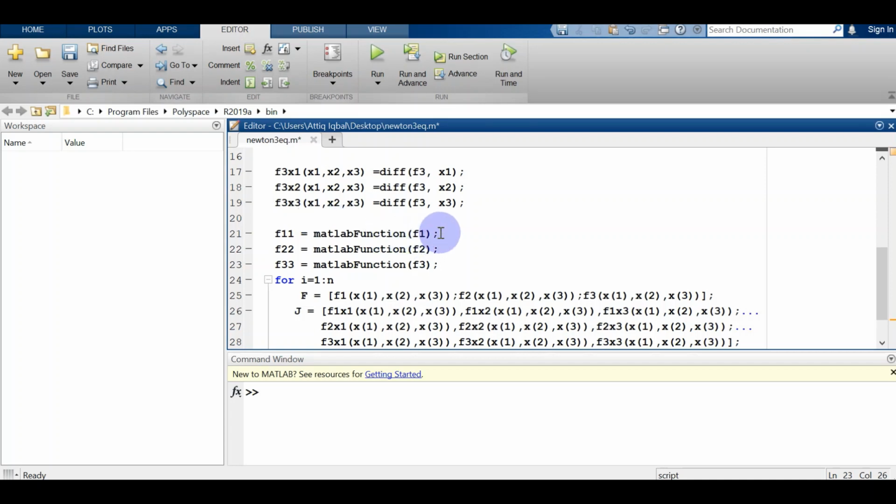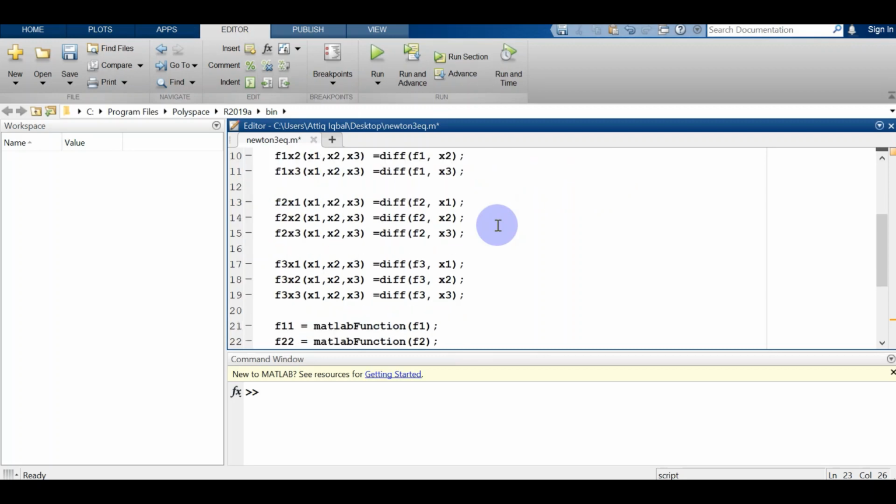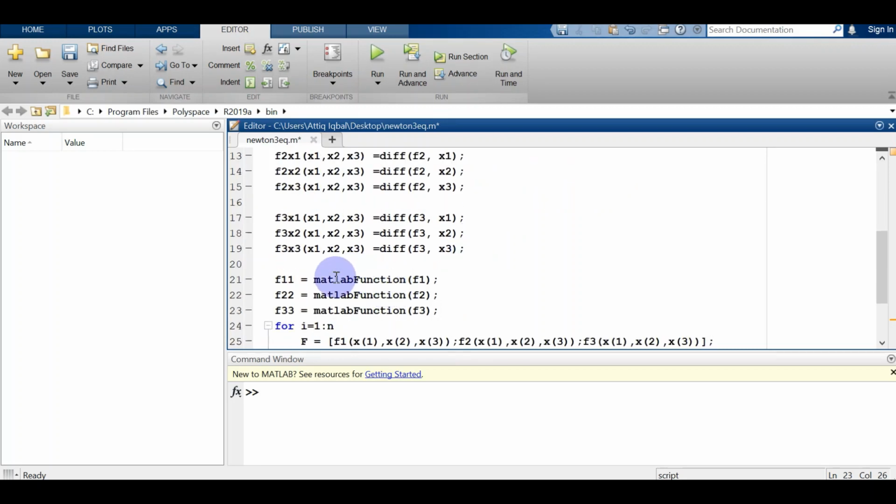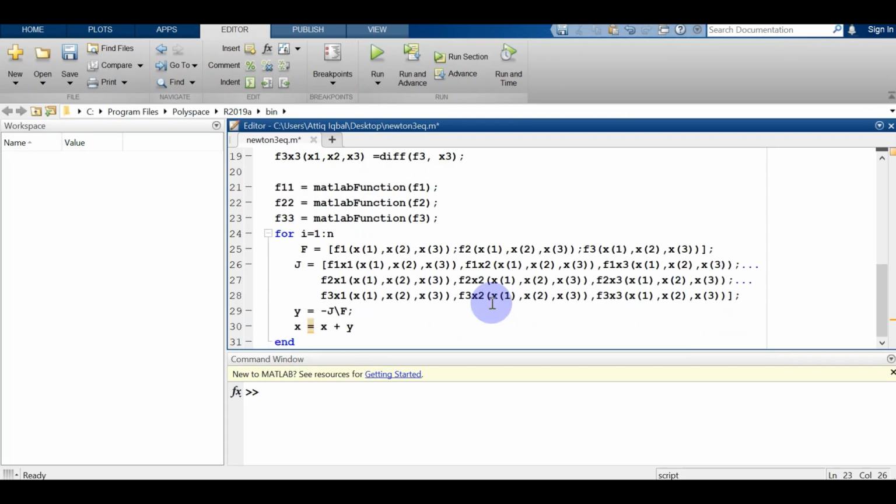So I'm converting the original f1 function into a MATLAB function handle and storing it into f11, f2 into f22, and f3 into f33. So in the capital F, I should compute these function values using the function handles instead of the symbolic expression functions.